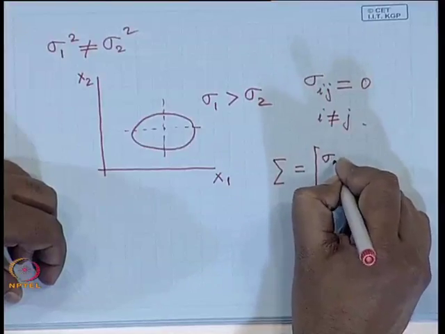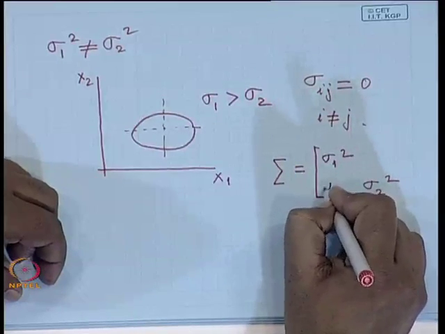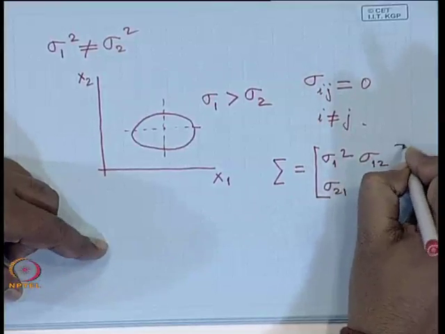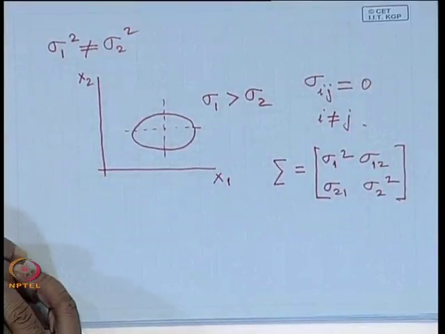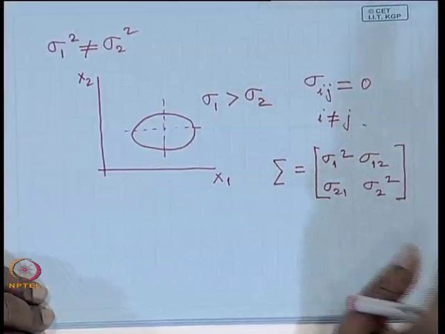If the components are not statistically independent, then even the off diagonal elements will be non-zero. So, I will have a situation with sigma 1 square, sigma 2 square, here I will have sigma 2 1, here I will have sigma 1 2, where sigma 1 2 and sigma 2 1 are non-zero values.